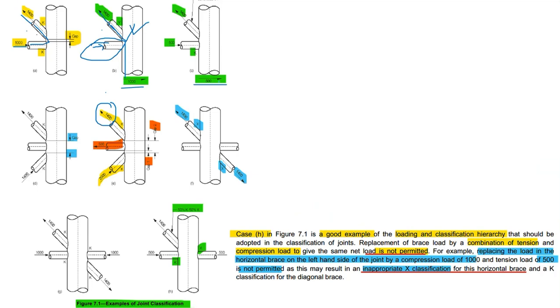But in case we have the shear and we have some load here and some load here, that means this is K joint, this is Y joint. So 50% K, 50% Y, like that it will come. And if you see this one, here we have some load and the same load is going out and here nothing is there. So it will be a K joint.